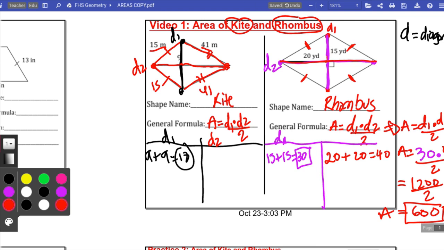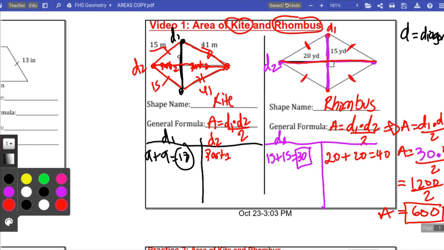But D2 part 1, I can call it part 1, which would make more sense. D2 part 1. And then we have D2 part 2. Those are not congruent, so we've got to find them. Let's dedicate part 1 here.